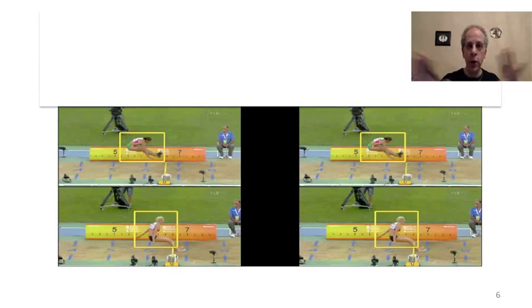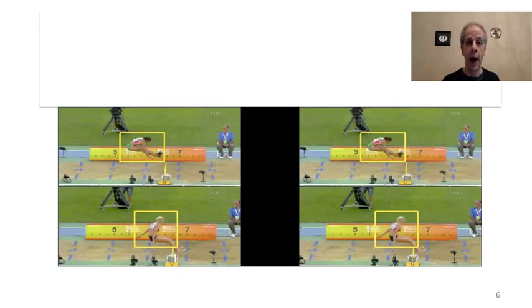You can take multiple people and do the same exercise. You can ask, are these two persons, these two groups of people maybe even doing the same activity? You do a dictionary for one, you do a dictionary for the other, and you see if you can interchange the dictionaries. If you can, those dictionaries are good for both activities, means both activities are probably the same. If you cannot interchange dictionaries, the dictionaries don't work for both activities.